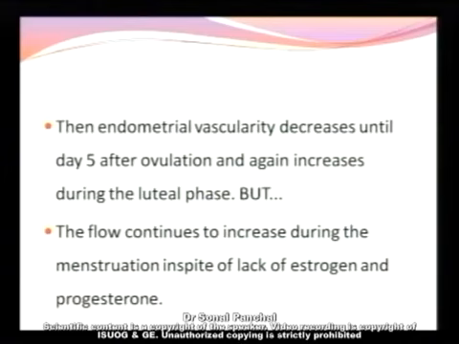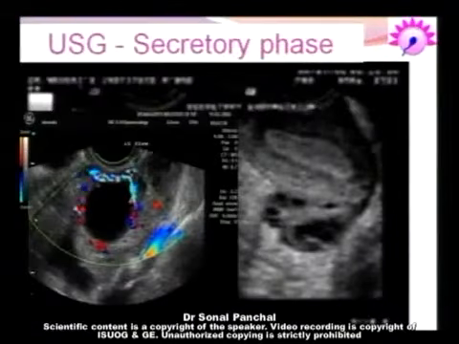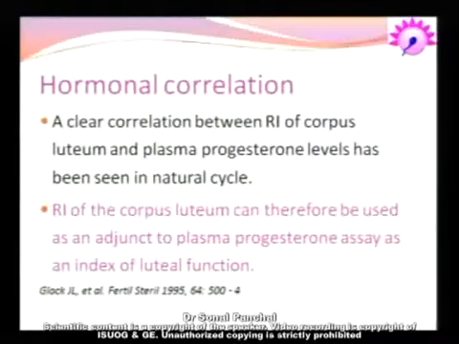Now, at this stage, though the estrogen and progesterone have been withdrawn, it's because of the shrinking of the endometrium, which brings the vessels together, and it gives a false feeling that the endometrial vascularity is still there.